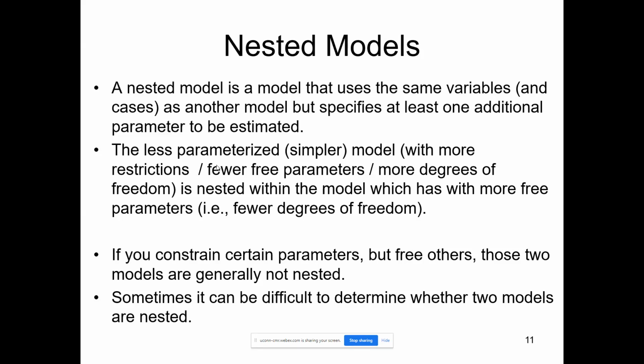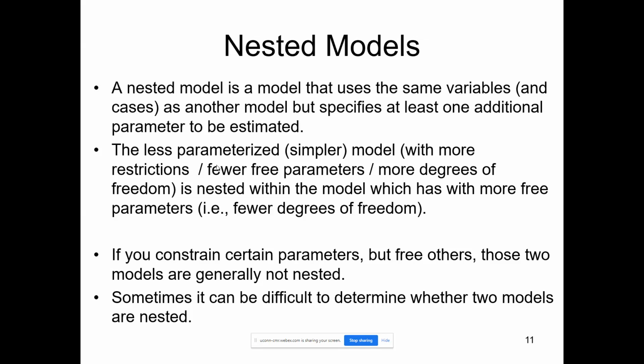The easiest way to think about it is that a nested model uses the same variables and the same number of cases as another model, but it either adds one or more additional parameters, or conversely, starting from the other model, it constrains one or more paths.